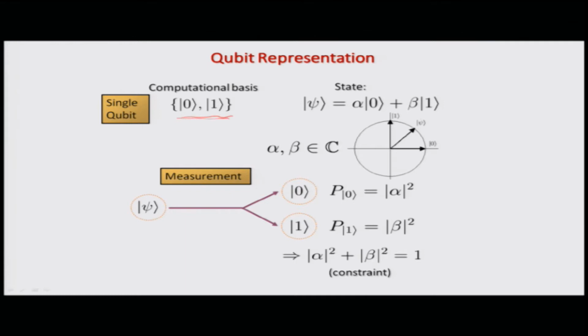The wave function is represented as a combination of the basis sets 0 and 1. So, alpha and beta represent the corresponding amounts. Alpha squared and beta squared, in modulus, are the corresponding amounts of the 0 and 1 basis states which are there in the final state.